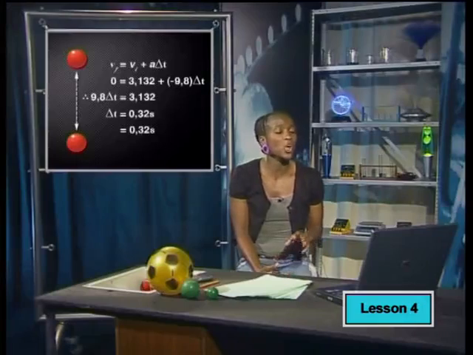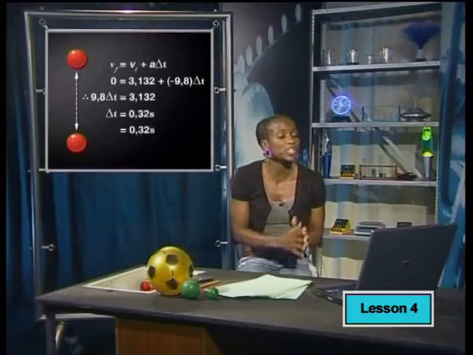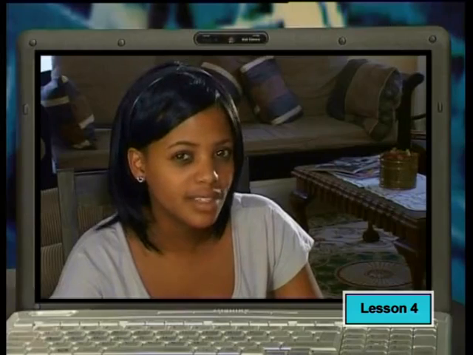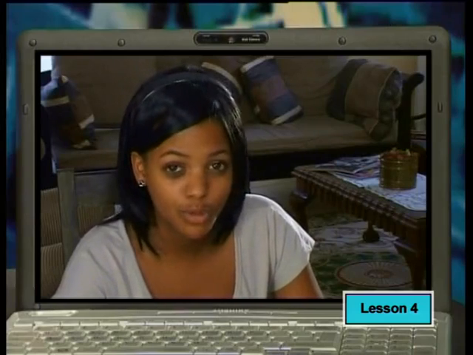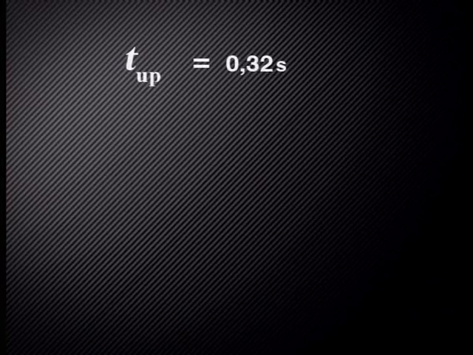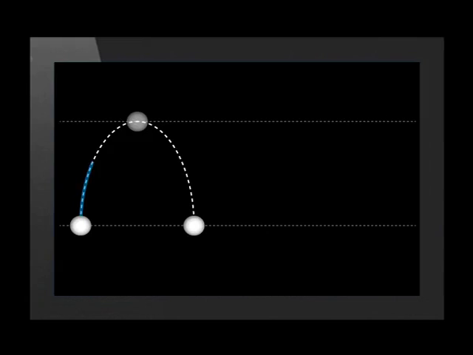Do you see how long it took for the ball to reach the top of its motion? I'm sure that's half the time the ball took to move up and down. Yes, we've calculated that it took 0.32 seconds for the ball to reach the top of its motion. And earlier we saw that it took 0.64 seconds for the ball to return to its original position, from here to here.